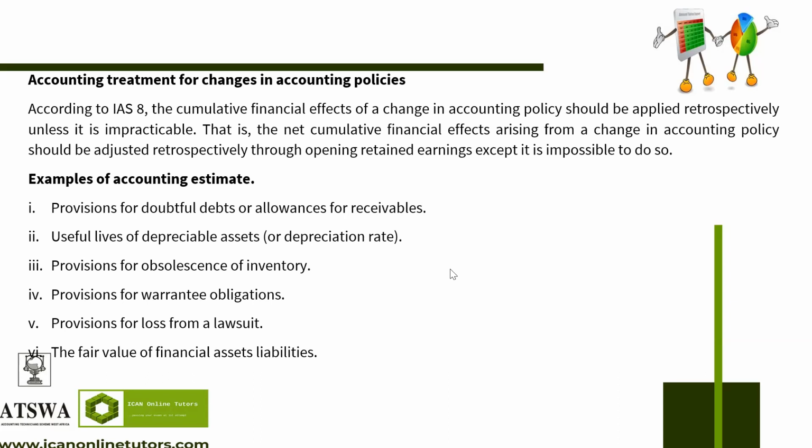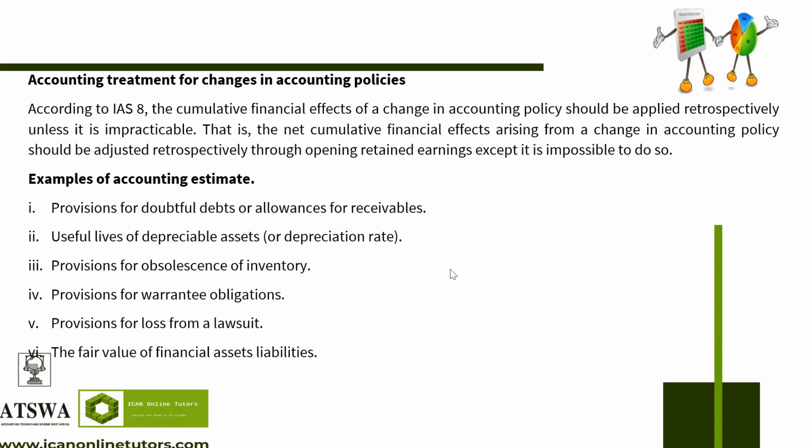We talked about accounting estimates, right? What are the examples of accounting estimates? We have close to five examples that we can identify from the definition given by the standards. The first one is provision for doubtful debts, or allowance for receivables, a very good example of an accounting estimate.